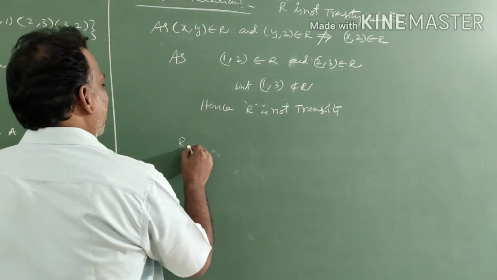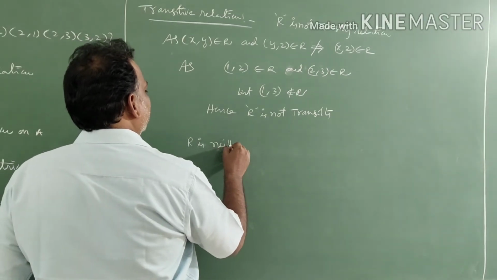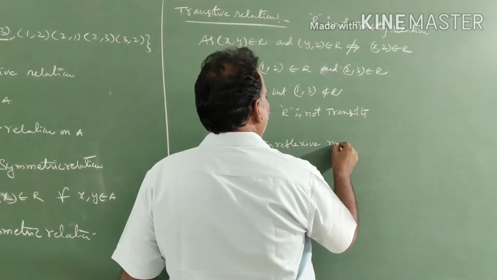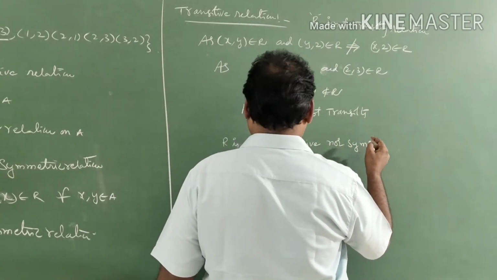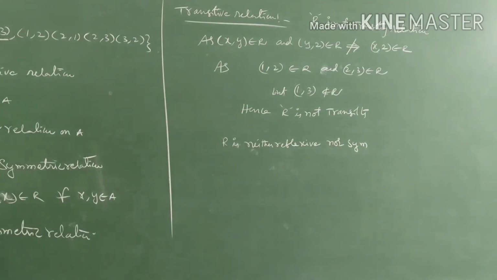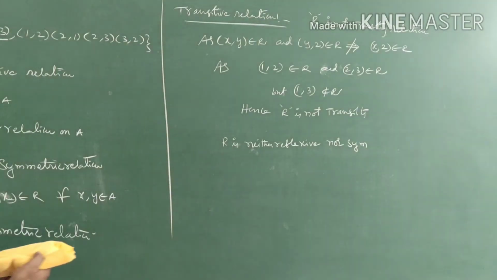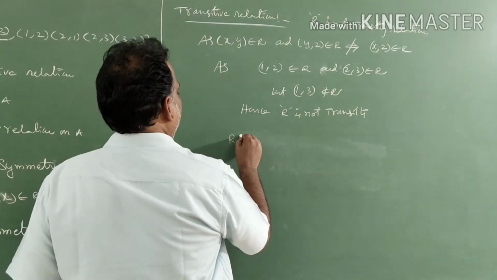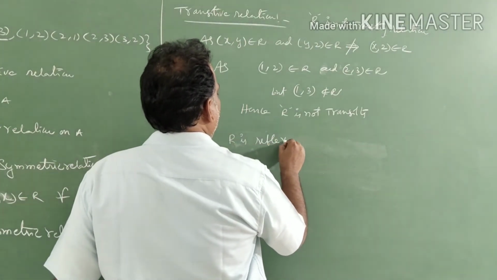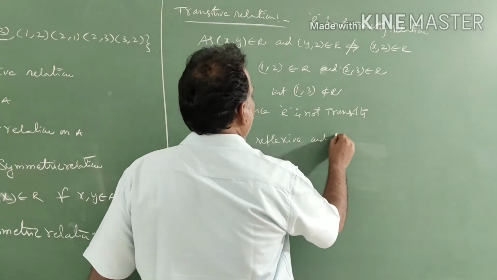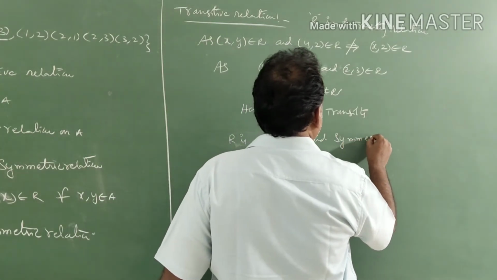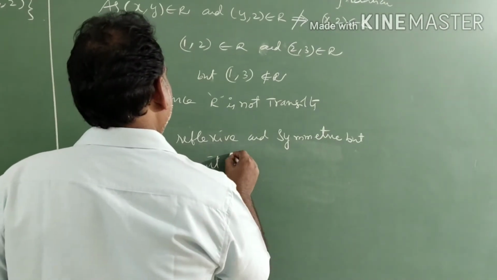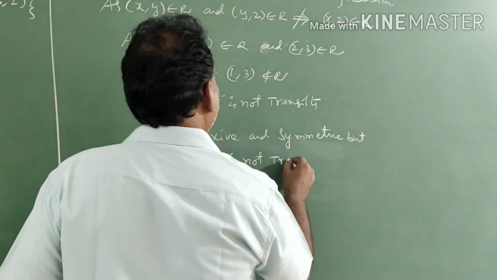R is reflexive and symmetric, but it is not a transitive relation.